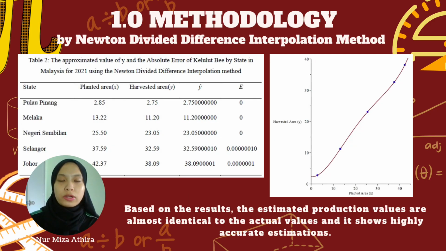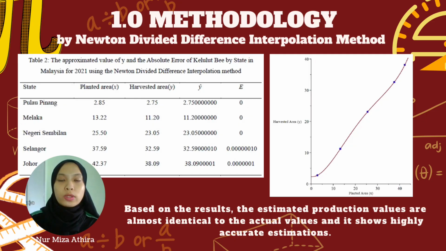Table 2 on the slide shows the approximated value of y and the absolute error of Kelulut B by state in Malaysia for 2021 using Newton divided difference interpolation method.